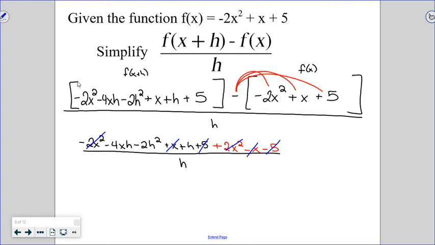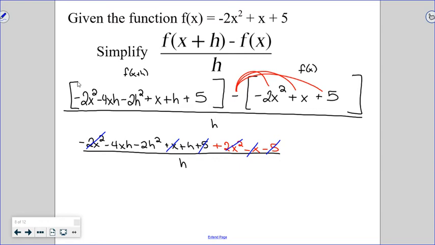Now, this is a great note for your notes right here. If you do this correctly, what is left over should all have an h in it. Let's look at what we have left over. That's got an h, that's got an h, that's got an h. Okay? If I have done this correctly, everything that is left over should have an h in it.